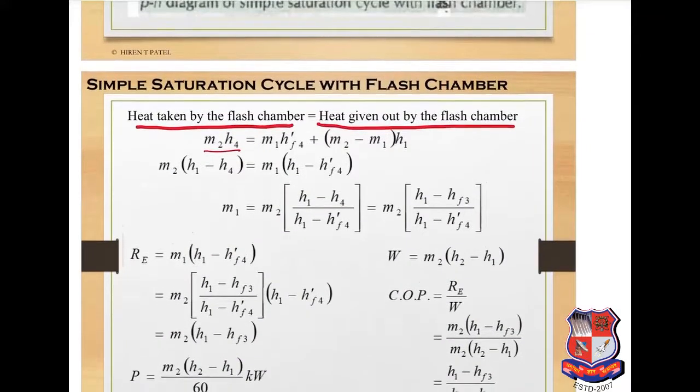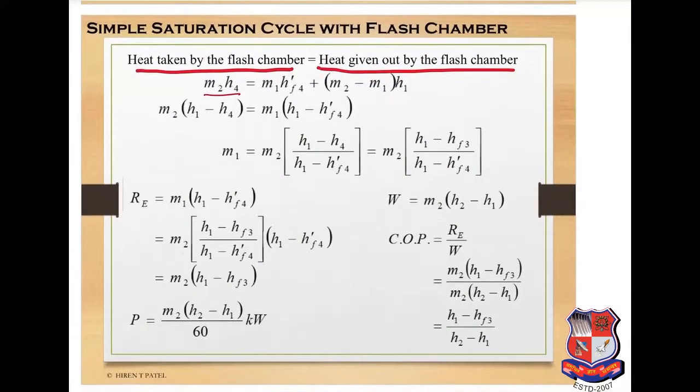So m2 h4 is equal to m1 hf4 dash plus (m2 minus m1) into h1. Here m1 hf4 dash means the liquid that is transferred to the evaporator, and (m2 minus m1) into h1 is transferred to the compressor. Separating m2 and m1, we have m2 (h1 minus h4) equal to m1 (h1 minus hf4 dash).